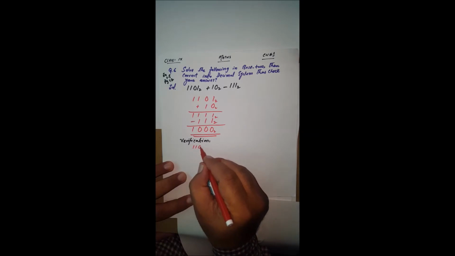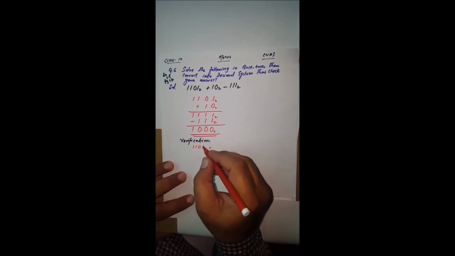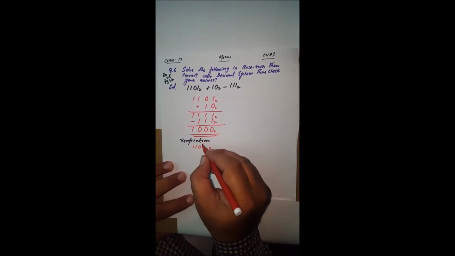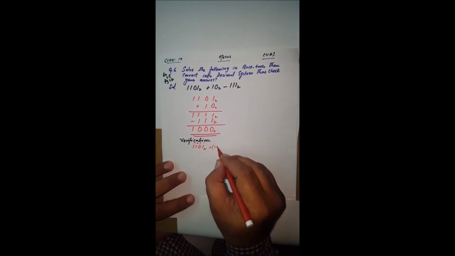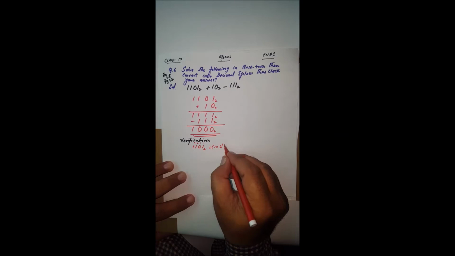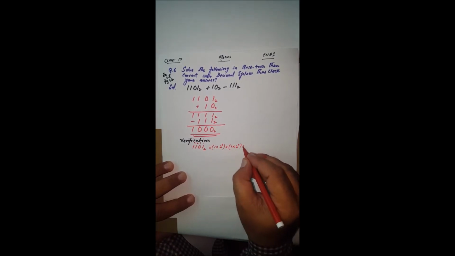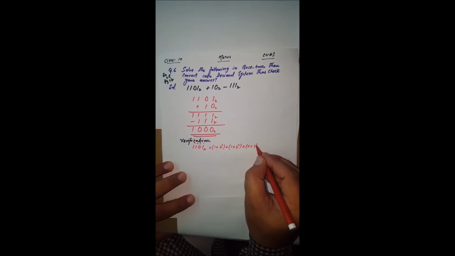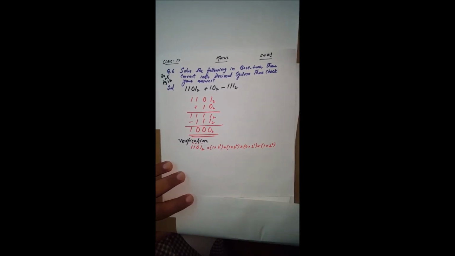1101 in base 2 is equal to, count the digits from the extreme right hand side: 0, 1, 2, 3. 1 multiplied by 2 power 3 plus 1 multiplied by 2 raised to power 2 plus 0 multiplied by 2 raised to power 1 plus 1 multiplied by 2 raised to the power 0.